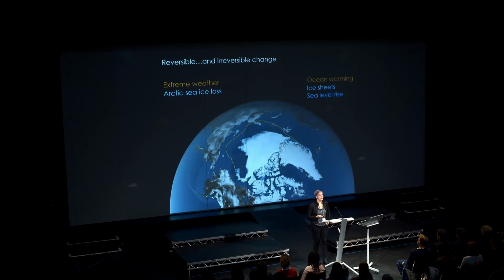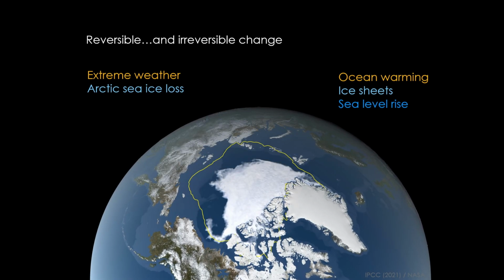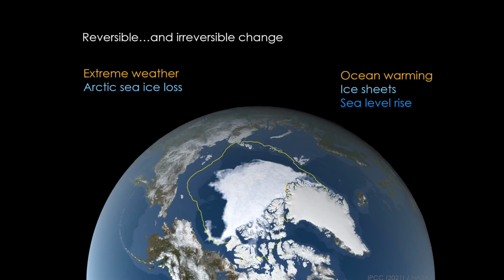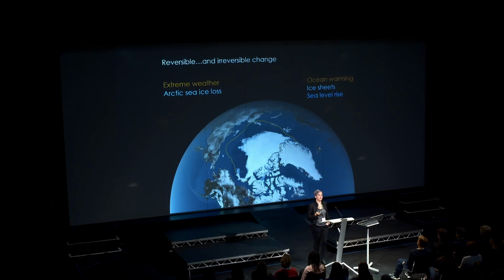And I think it's important to remember that with climate change, some parts of it will be reversible and some parts of it won't. So the extreme weather that I talked about, if we manage to one day get our temperatures back to those pre-industrial levels, to the original temperatures from the 1800s or so, then we think those changes in extreme weather will just reverse back to normal, because as the temperature of the planet cools down again, things like heat waves will reduce again.